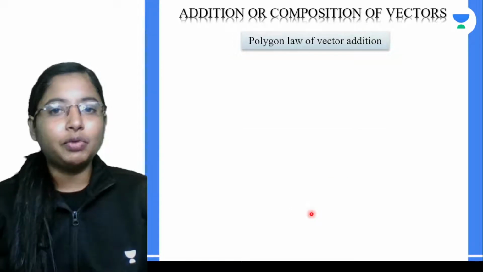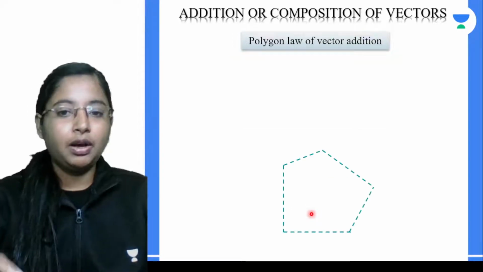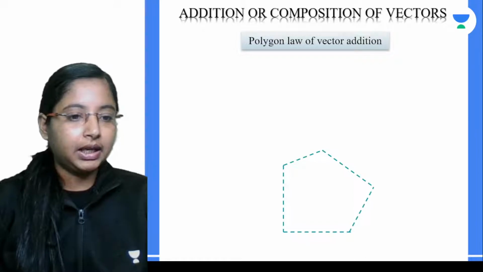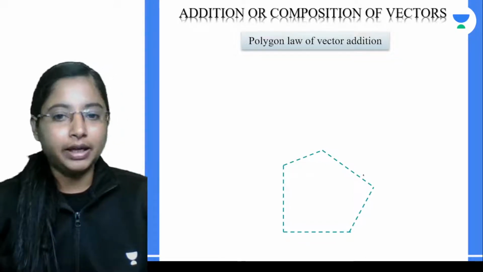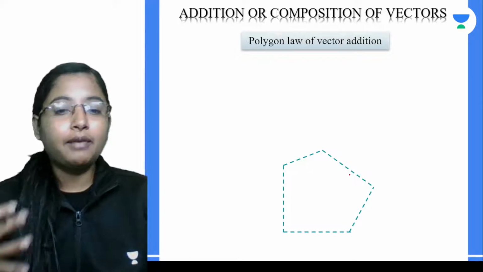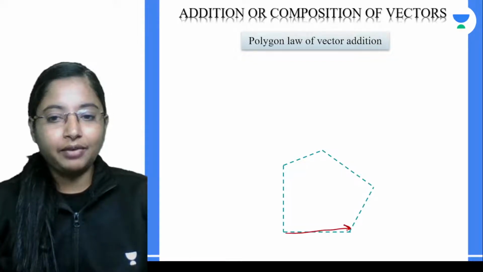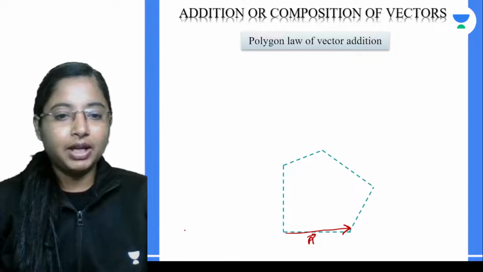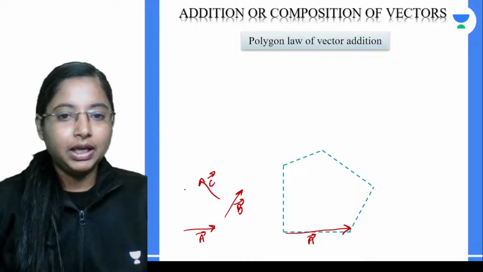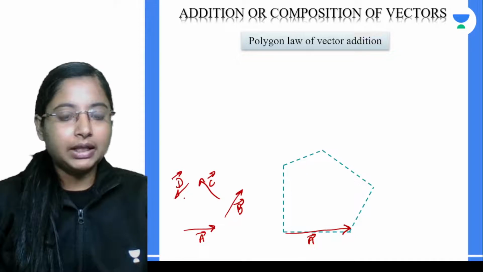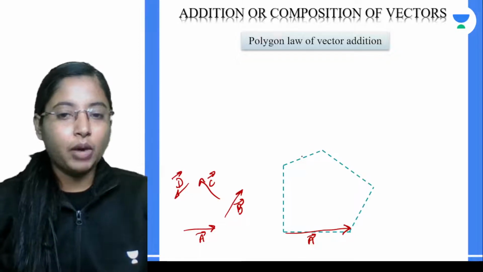The next one we have is the polygonal law of vector addition. Polygonal, the word itself means many sides. So for example, let's say there are four vectors: a vector A, another vector B, another vector C, and finally another vector D. Now these vectors, you can take them one next to another.